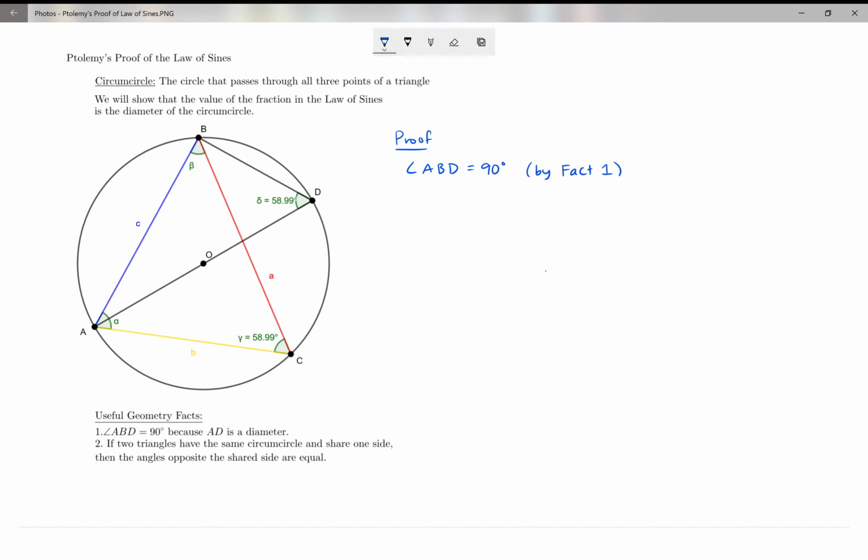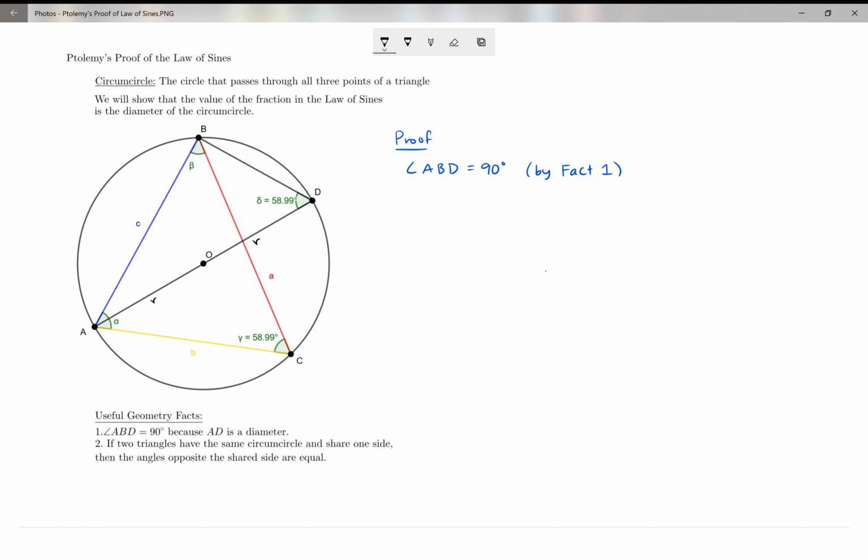That just has to do with the fact that A to D is a diameter. Let me go ahead and label that on our picture. Each of these distances, like from O to D, is going to be a radius, as well as A to O. So each of these is R. And notice that a diameter is just twice the radius.